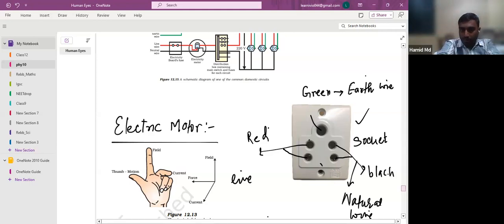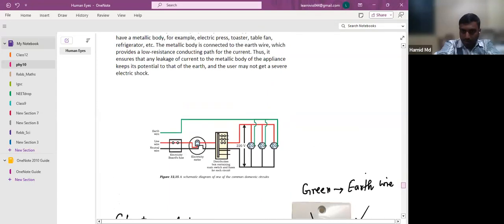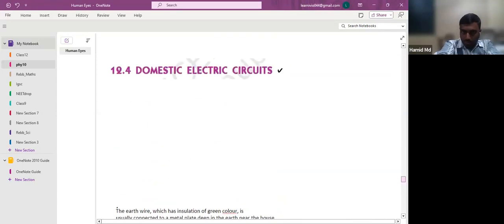Another point: we already studied in combination of resistance that we add appliances in our homes in series or in parallel.